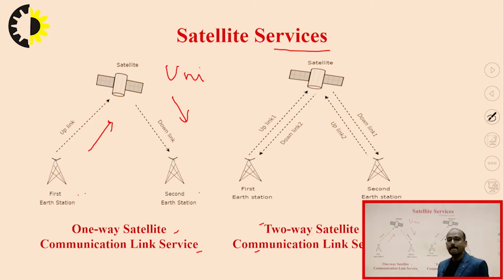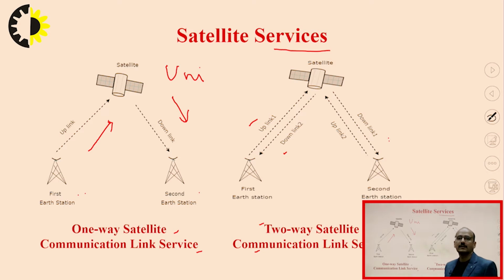But in the two-way satellite link, a single earth station has both links, uplink as well as downlink. The first earth station's uplink is called uplink 1, whereas the second earth station's is called uplink 2. When we are talking about the downlink, downlink 1 is for the second earth station and downlink 2 is for the first earth station.